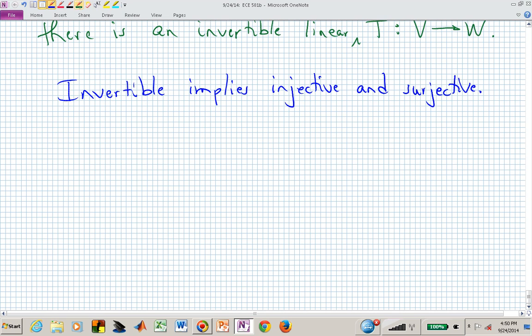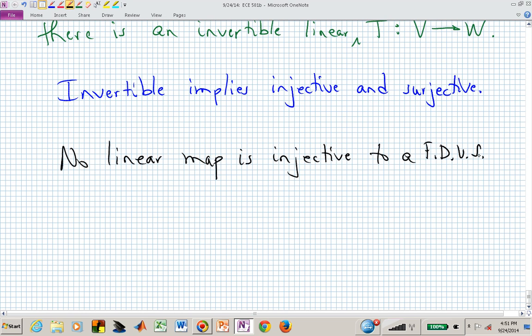And what did we just say earlier? We said no linear map is injective to a finite dimensional vector space of smaller dimension.